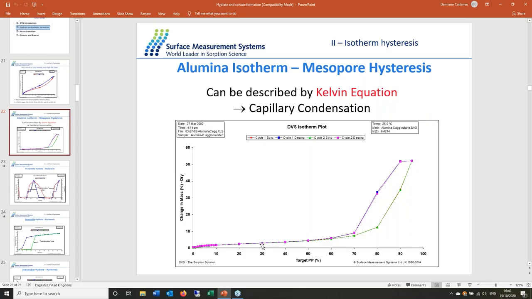So thermodynamically, the molecules have no energy required to move in or out. In that case, there is no gap of hysteresis. And if I say, what's the water content of this sample at 30%, it doesn't matter if I'm coming from the top or from the bottom, it will have the same number. But if I go to a higher condition, then it makes a difference. It's related to the energy required for the molecule to move in and out.